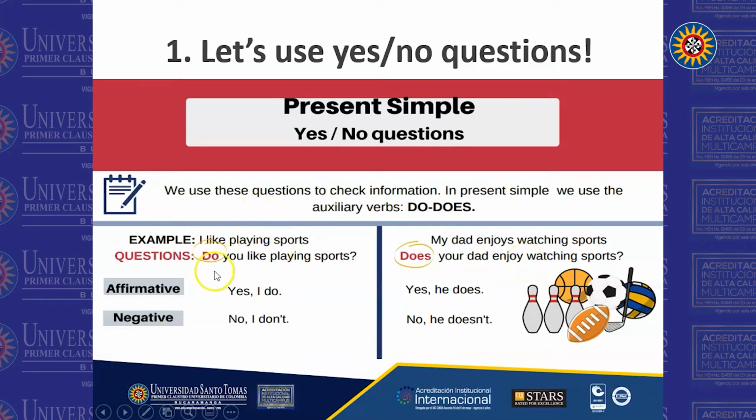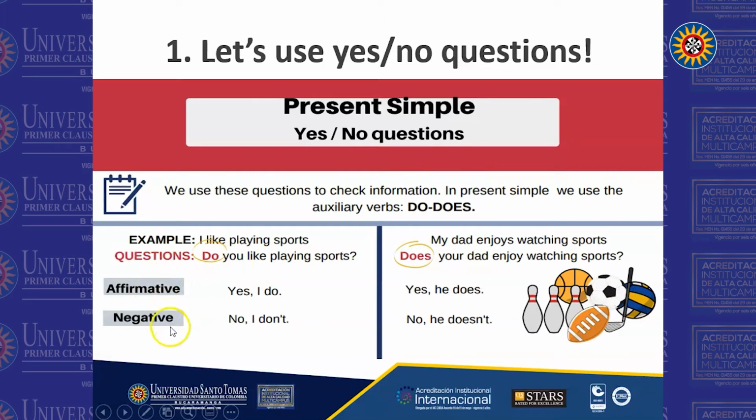In these questions, the answer can be affirmative or negative. For the first question, in affirmative would be yes, I do. And for the second, the answer would be yes, he does. We use the same auxiliary. Does your dad? So the answer is yes, he does. Okay?